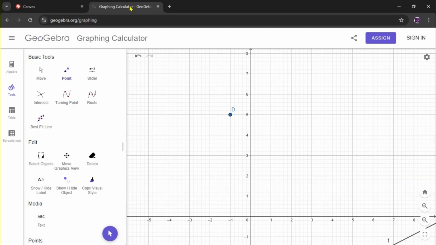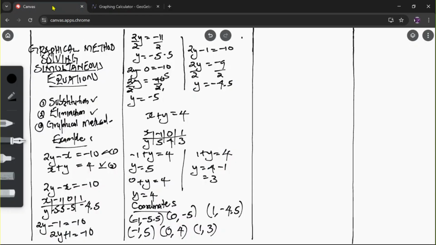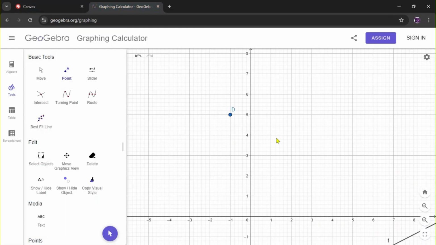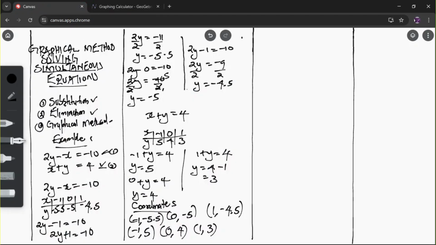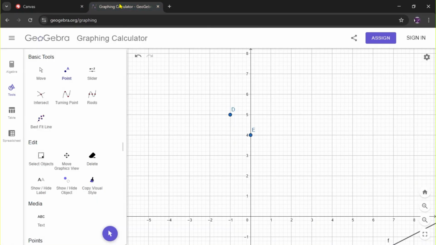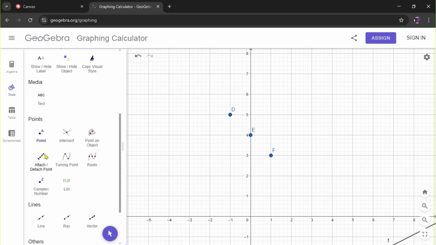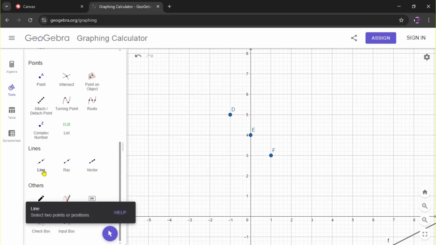The second one is 0, 4. 0, 4 is supposed to be somewhere there. And lastly, we have 1, 3. It is found somewhere there. So I use a straight line to draw that.